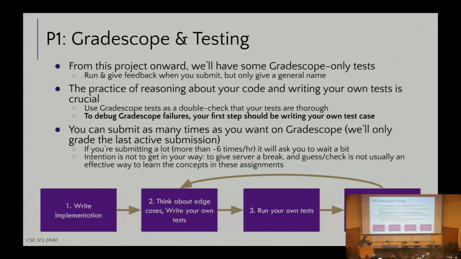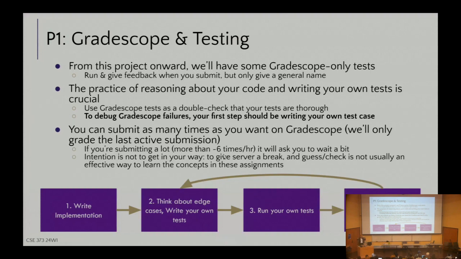You'll still see your score, but what you might see on Gradescope is test failed, and hopefully a somewhat helpful test name to give you a hint as to what went wrong. And then it's your job to go back in and write your own tests and figure things out. So maybe you write your code.